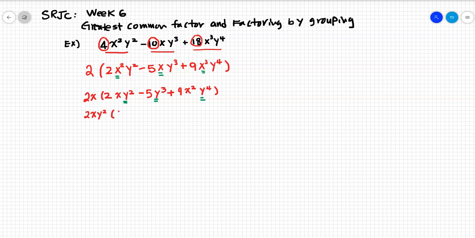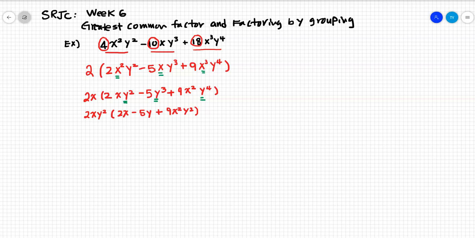Then the 2x. Now since we took out the y squared here in the first term, we're not going to do anything. And then on the second term, we took the y squared, then it's just going to be a y. And the third term, we took the y squared out, so we're going to have a 9x squared and the y squared remaining.